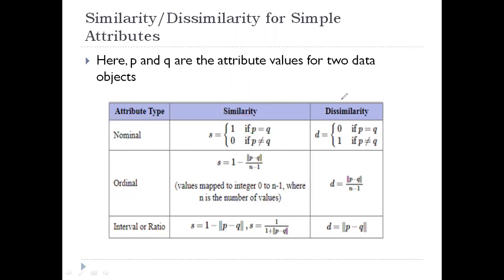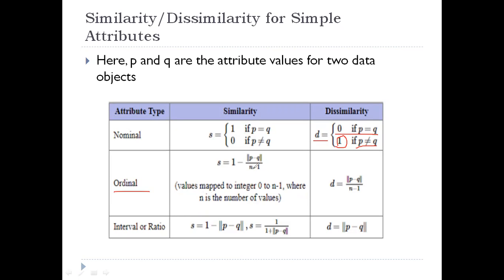And coming to the dissimilarity, D equal to 0 if both are alike. If P and Q are the same, then that would be represented by 0. If the P value and Q value are different, then we represent it by 1. And coming to the second type of attributes, ordinal attributes.